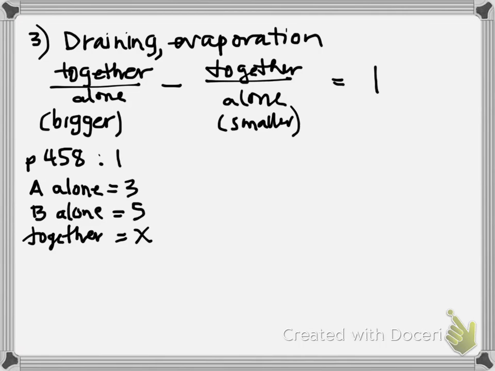So we create our fractions. Together over alone plus together over alone equals one complete job. Okay, what do I need to do to get rid of fractions? Multiply by 15.